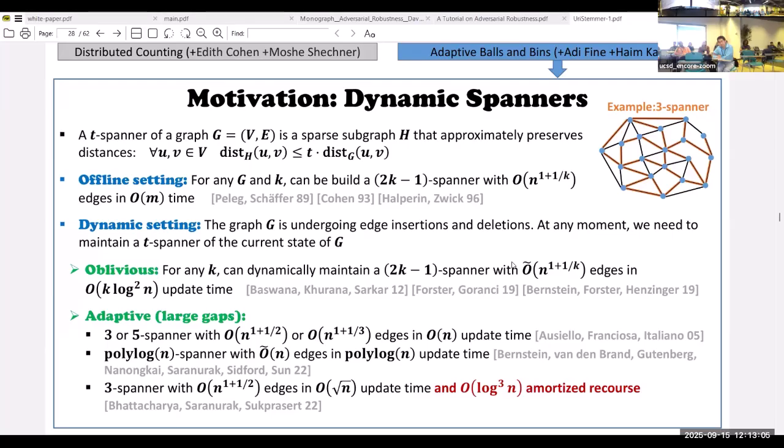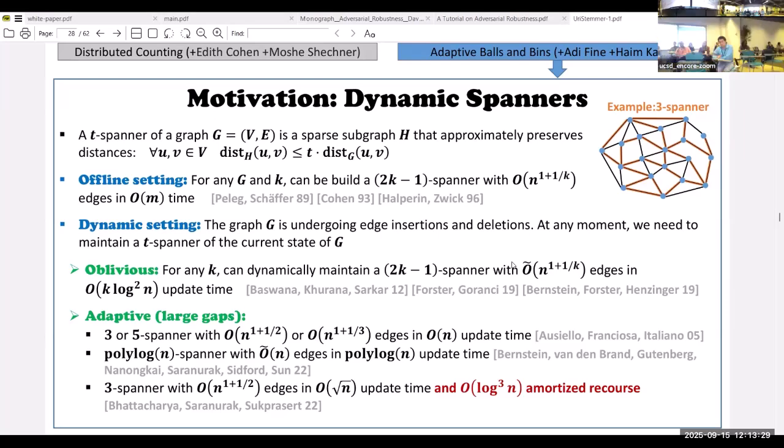So if the recourse bound is 3, that means that for every edge insertion or deletion, you're allowed to change at most 3 edges in the spanner that you're maintaining. Lower recourse is good because, intuitively, if the recourse is high, you don't have a very good chance of designing an algorithm with low runtime, right?